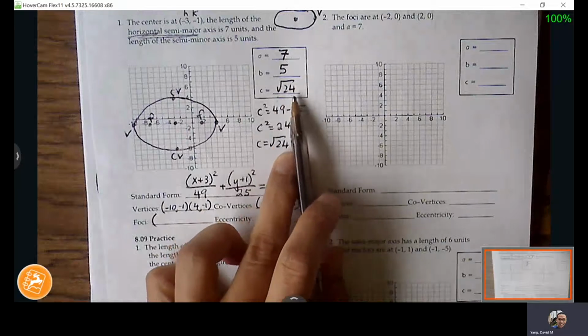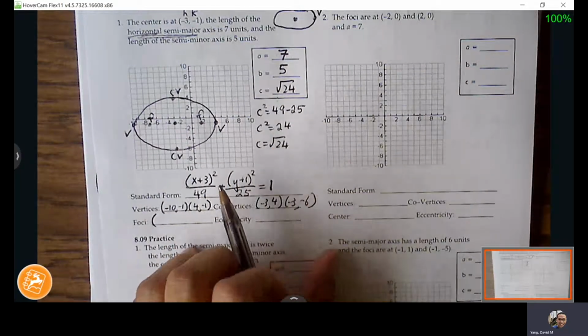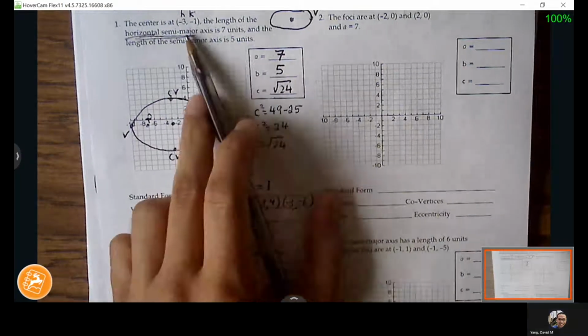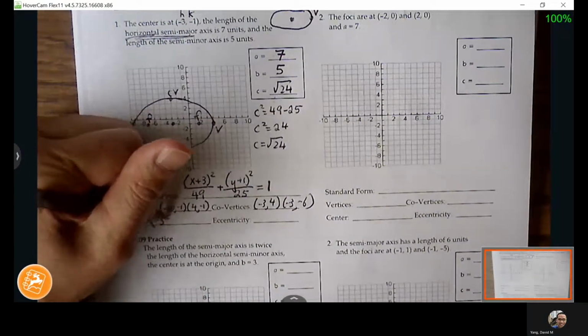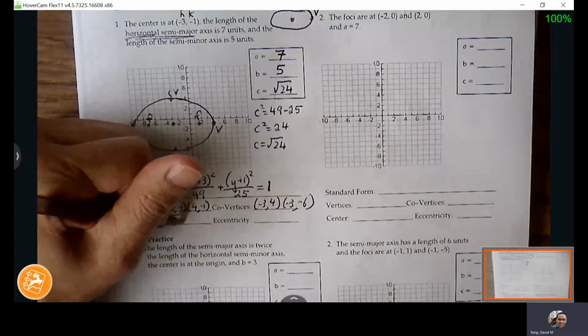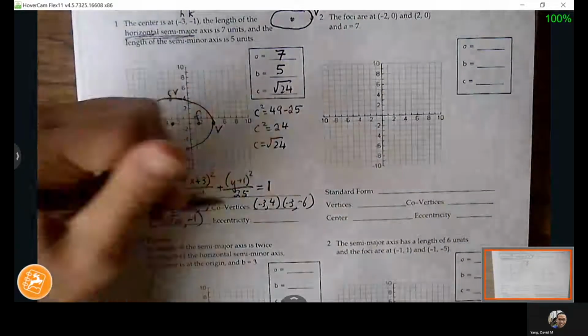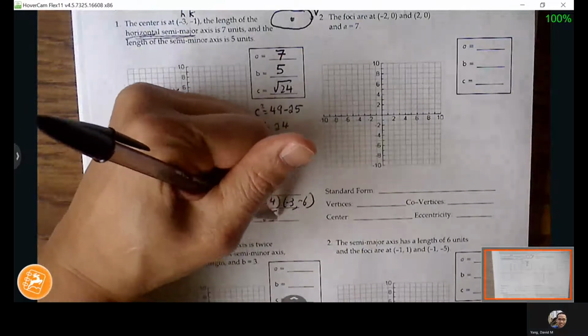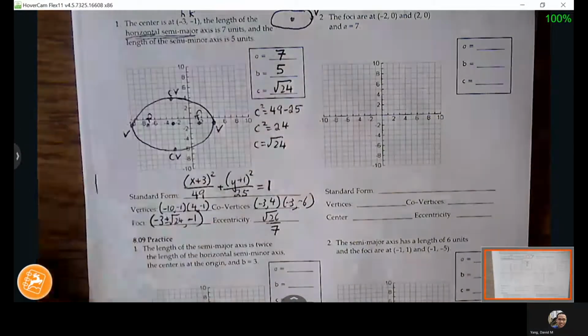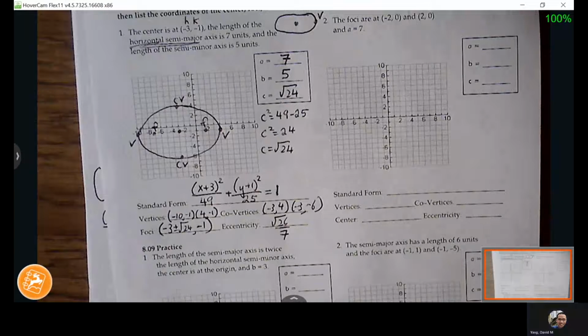We're going to attach that root 24 to the X value of the center. Root 24, not 26.